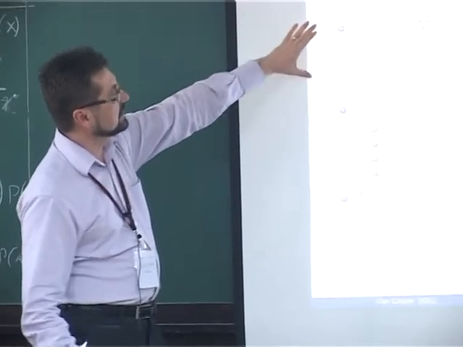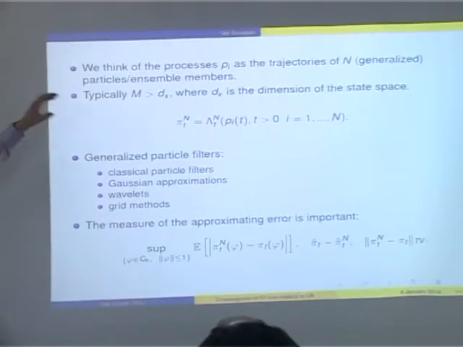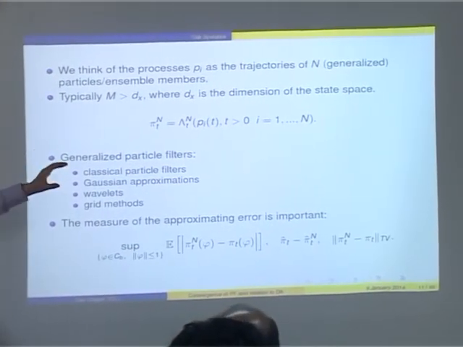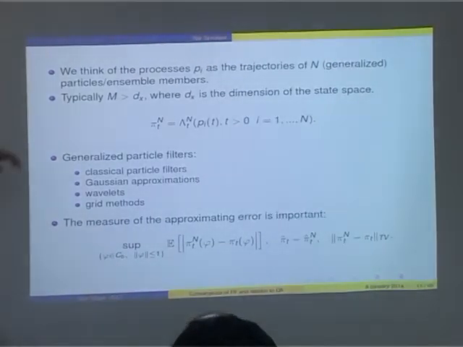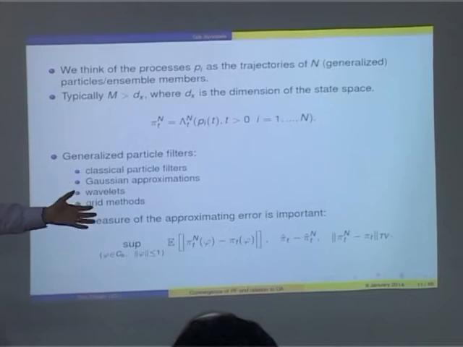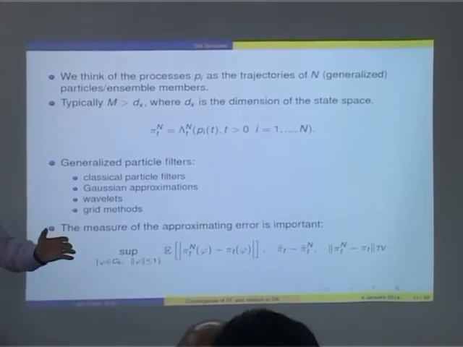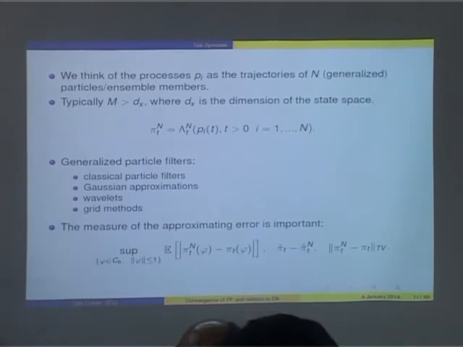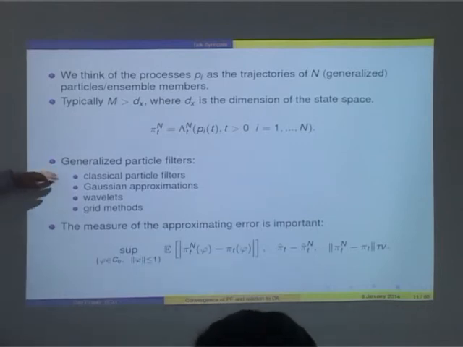So that's what I'm saying. I'm saying that basically from the left or on the right, all I do is look at particles. They may take values, they may evolve in a large space, but they are still particles. And the amazing thing about this, once you accept this, is that we can call them generalized particle filters.